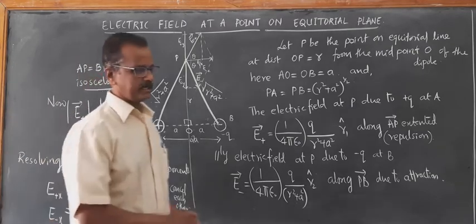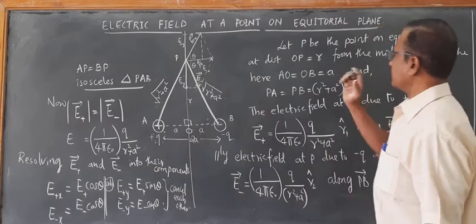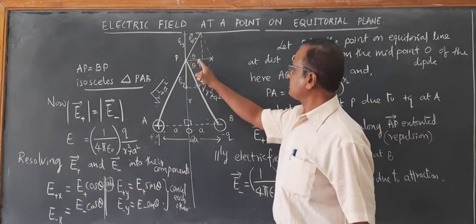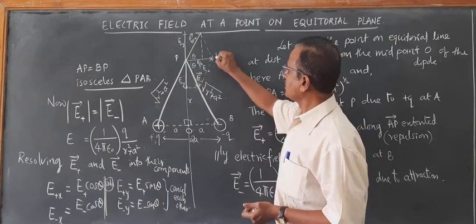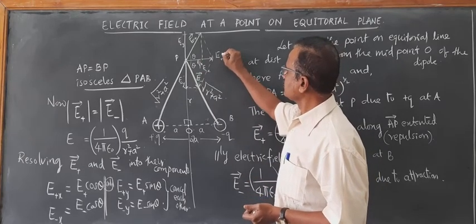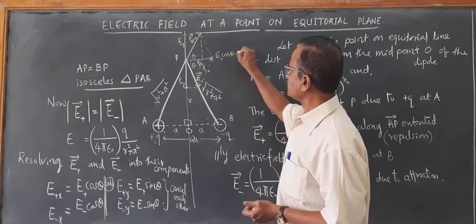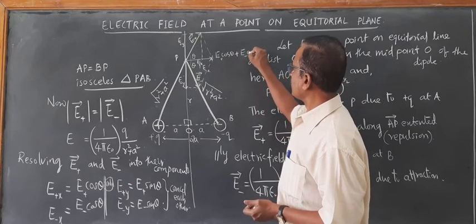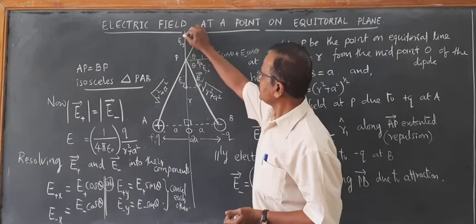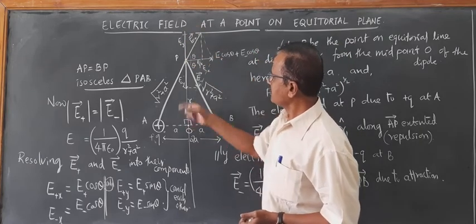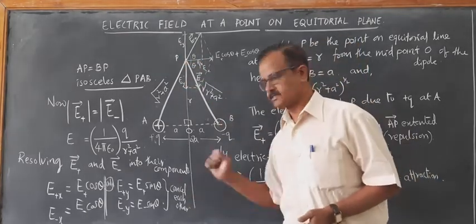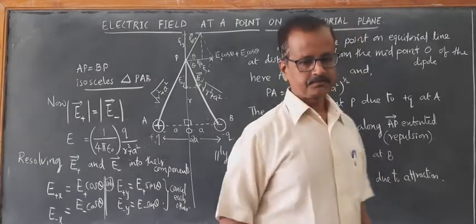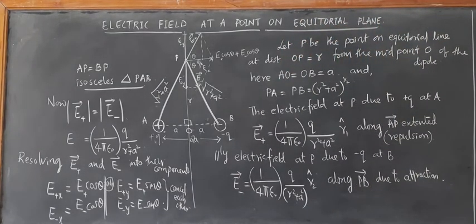They add each other, so that will give rise to the net electric field, which is E plus x plus E minus x. That is going to be E plus cos theta plus E minus cos theta. Whereas E plus sin theta plus E minus sin theta, they cancel each other. Y components cancel each other. Therefore, I can write the resultant as only the x component.